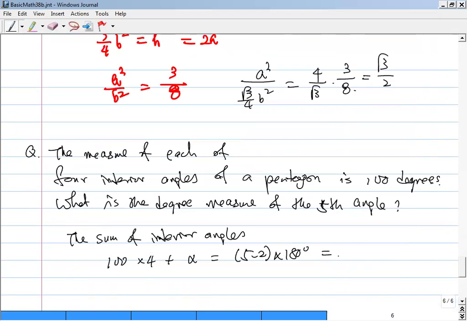So it's going to be 3 times 180 degrees, and alpha is going to be 3 times 180 degrees minus 400.